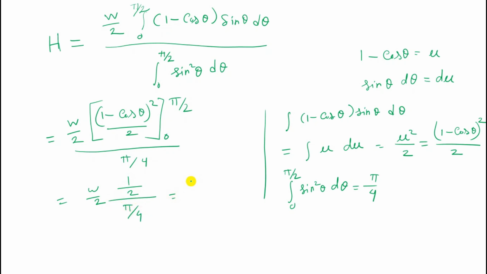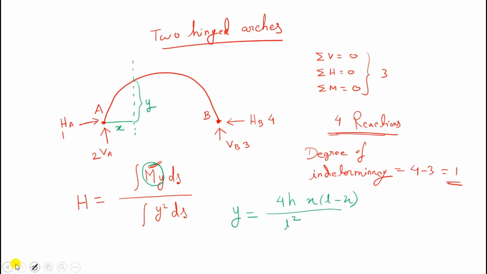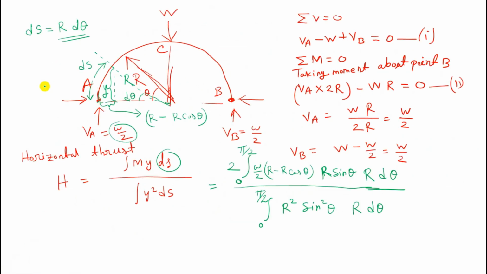So the answer is w by pi. This is the answer: the horizontal thrust will be w by pi.